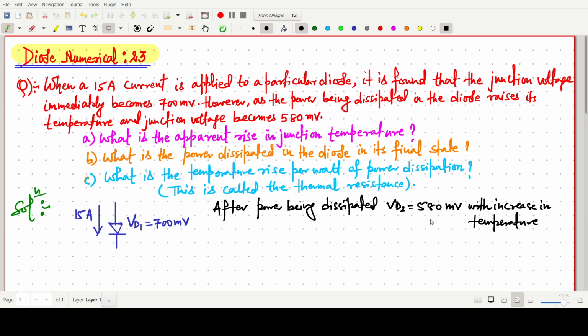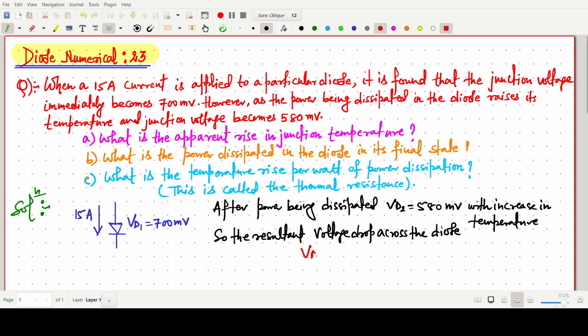So the resultant voltage drop across the diode can be written as Vd equals Vd1 minus Vd2. Initially it is Vd1, now it is Vd2.